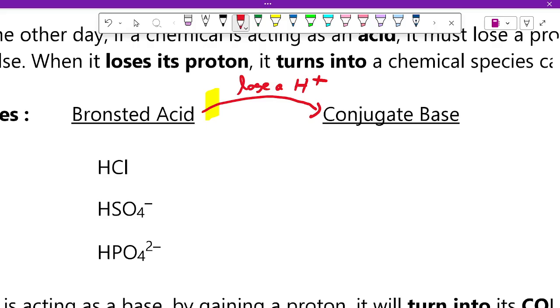So HCl would become what? The H is gone, but not just the H. What else did we lose? Proton, so it's going to be negative. We lost a positive charge also, so it's going to become Cl minus. Try the next two on your own. Try writing the conjugate base for the next two Bronsted-Lowry acids.